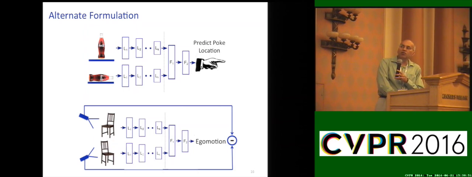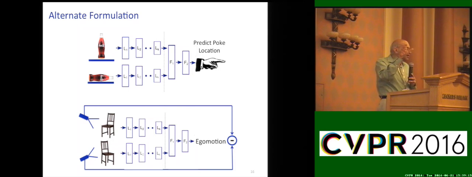Or for ego motion, it might be that you have one frame which you run through your network. You have another frame, you run that through the network, and you try to predict what was the ego motion that could have caused that transformation. But you in fact know the ego motion because you did it yourself, so you now have an error signal which you can use for training.